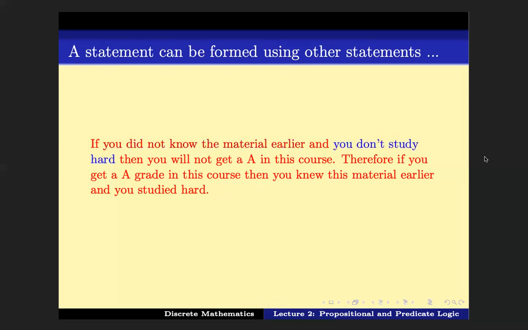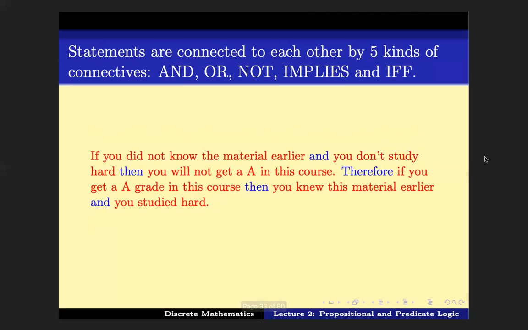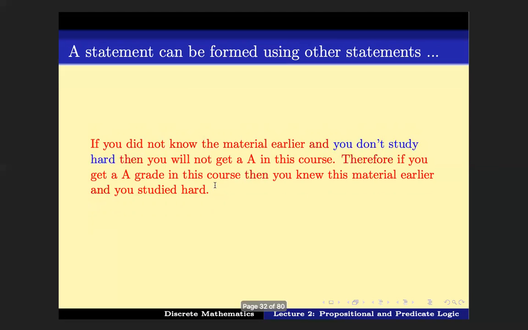Similarly, you have this other statement: you don't study hard. That also can be both true and false. Then there are other statements, like you will not get an A in this course. Similarly, you get an A grade in this course is a statement, either true or false.